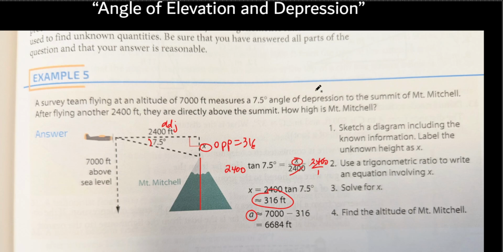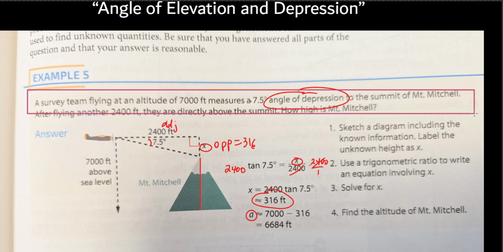So what was the real new thing about this? The angle of depression. Okay, the angle of depression. Now they drew it for you. Okay, so that was nice of them. It was an example, so they probably would. But I could actually put this right there on the test or the quiz and not give you a picture. So what you need to do is you need to be able to draw the picture.